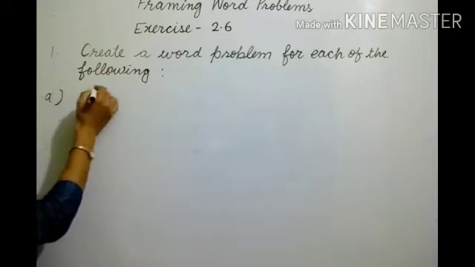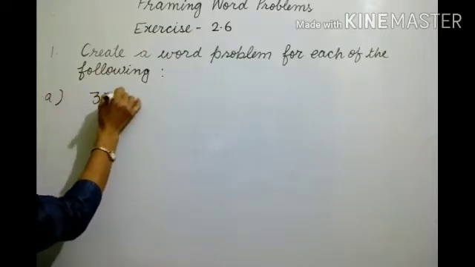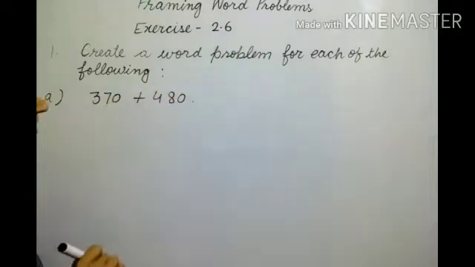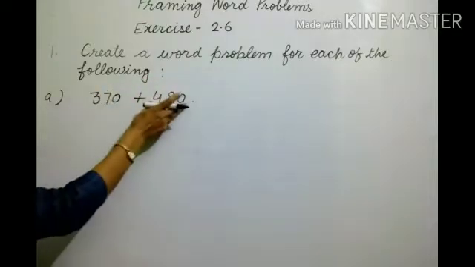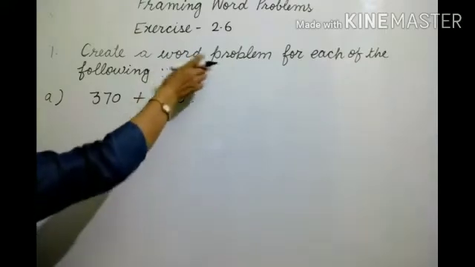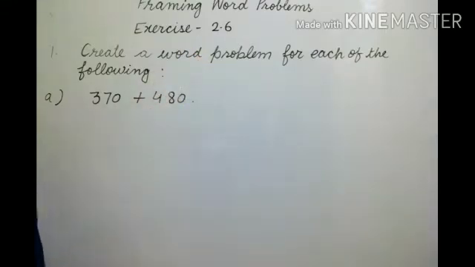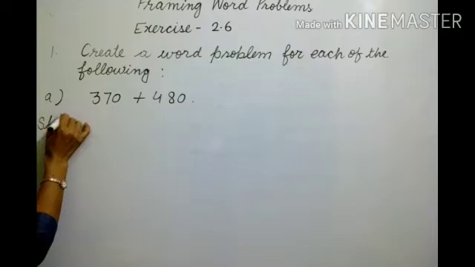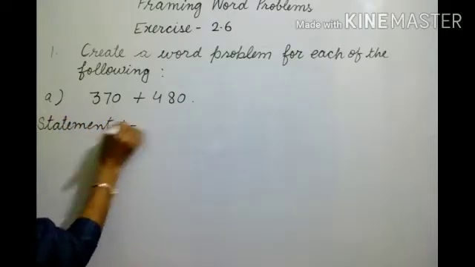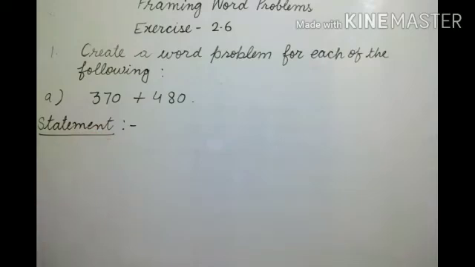First part is given: 370 plus 480, means two numbers to add. We will not add and we will find our answer. We will create a word problem by using these numbers. Let us start how we will do. Statement. By using these numbers, how we can make a statement? Let us solve.